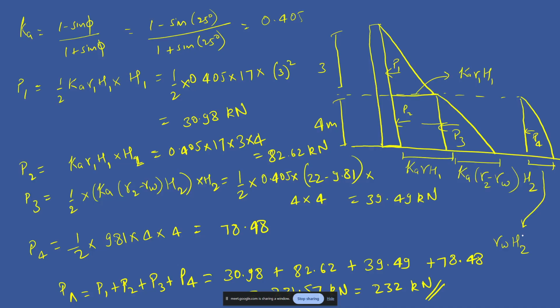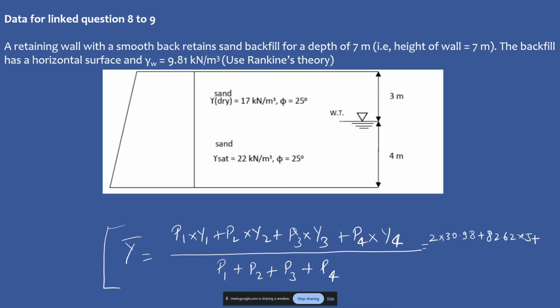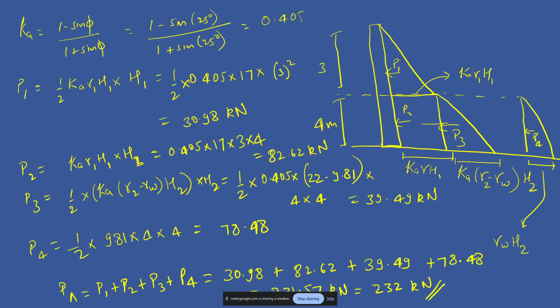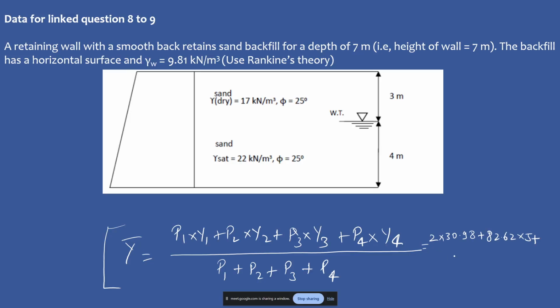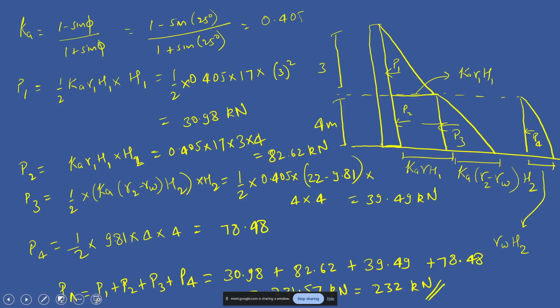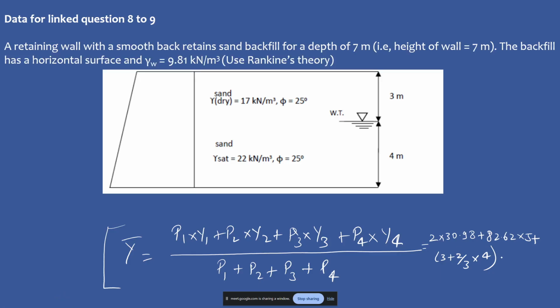Plus P3 is acting at 3 plus 2 by 3 of 4, into 39.49.